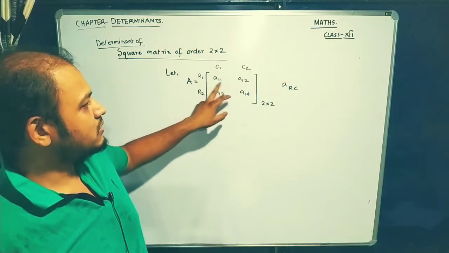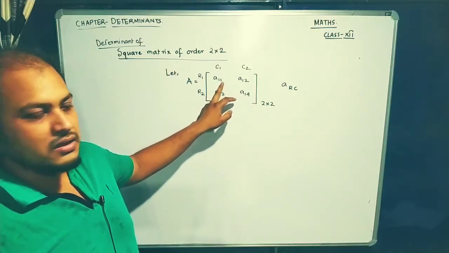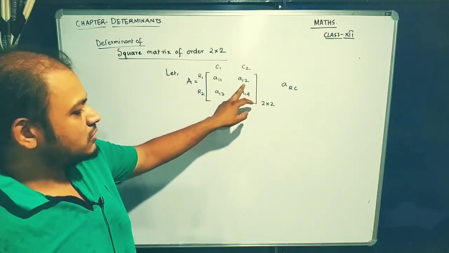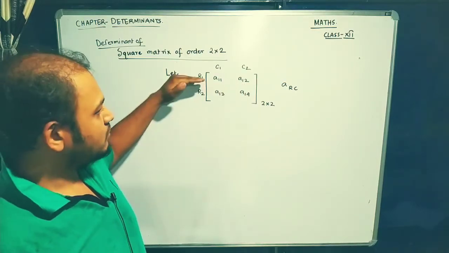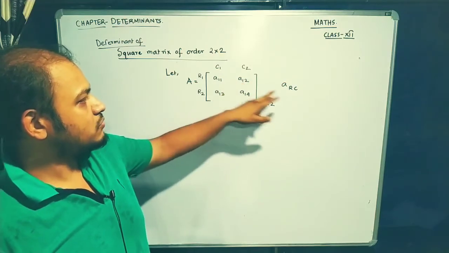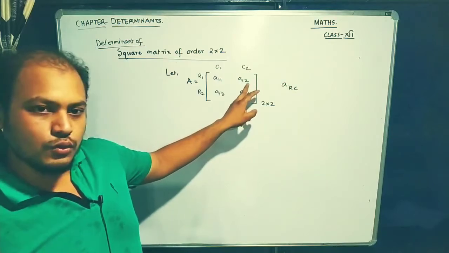That is why R is 1, C is 1. That's why you are getting 1, 1. For example, this element belongs to the first row, second column, right? That is why R is equal to 1 and C will be equal to 2.